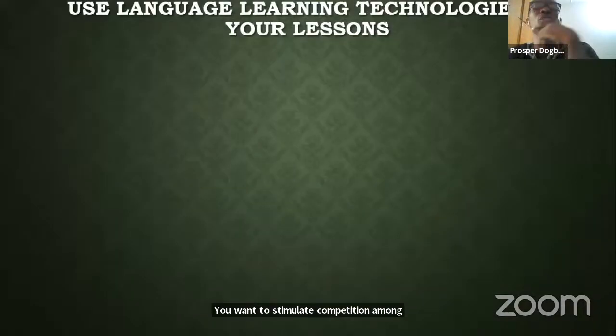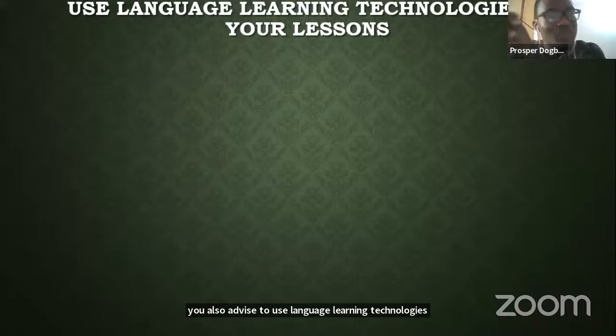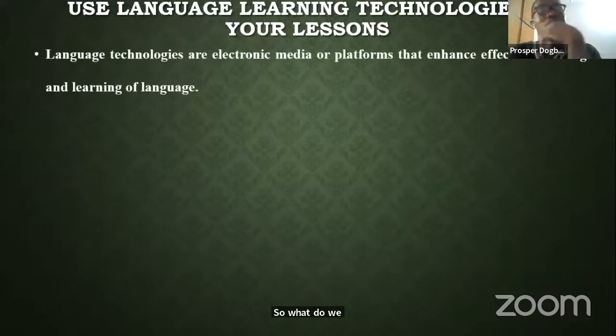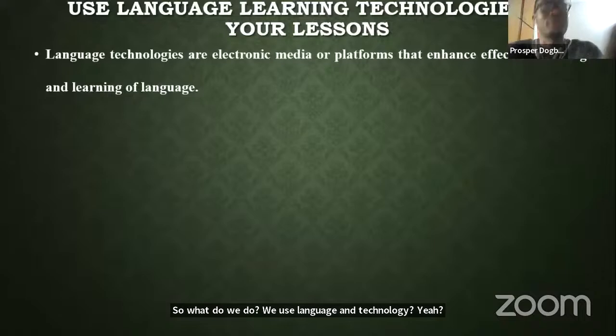Then you're also advised to use language learning technologies. We are in a modern era where technology has taken over the world. As teachers of English, we need to buy into it. So what do we do? We use language learning technologies in our various classrooms. What are some of these technologies? They could be electronic media platforms that will enhance effective teaching and learning.